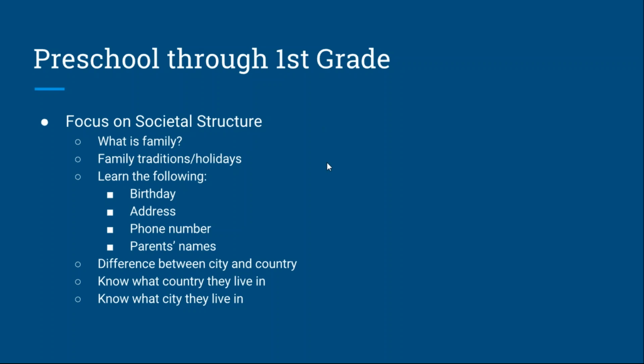Once you have covered your family traditions and your holidays and things like that, you would want to focus on teaching your children the difference between a city and the country. For example, if you live on a farm, you might talk about what farm life is like and then take them to a city to show them the difference, and vice versa.